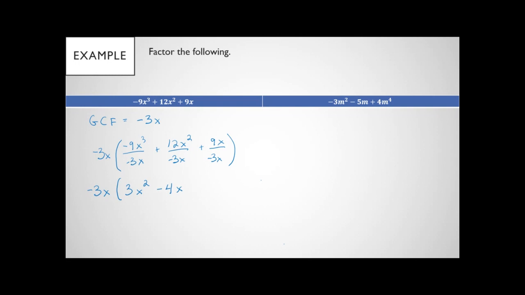And I just removed one of them, basically. Then I have 9 divided by negative 3, which is negative 3. And then I can cancel out my x's, because there's one on top and one on bottom, so those would just disappear, basically be 1. So that leaves me with negative 3x times 3x squared minus 4x minus 3.